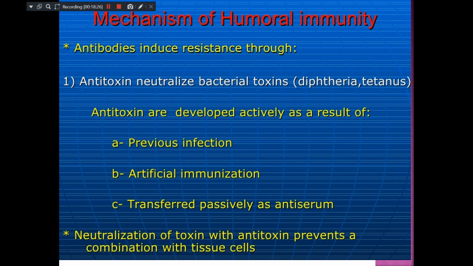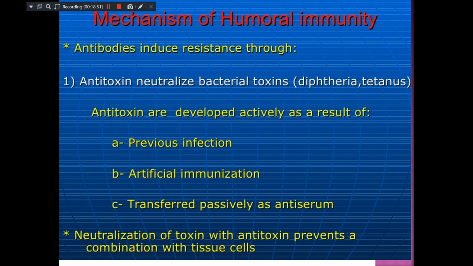Antitoxins neutralize the bacterial toxins, because these antibodies will have antitoxins, whereas the antigens will have the toxin. These antitoxins of the antibodies will neutralize this bacterial toxin, especially in diphtheria and tetanus.